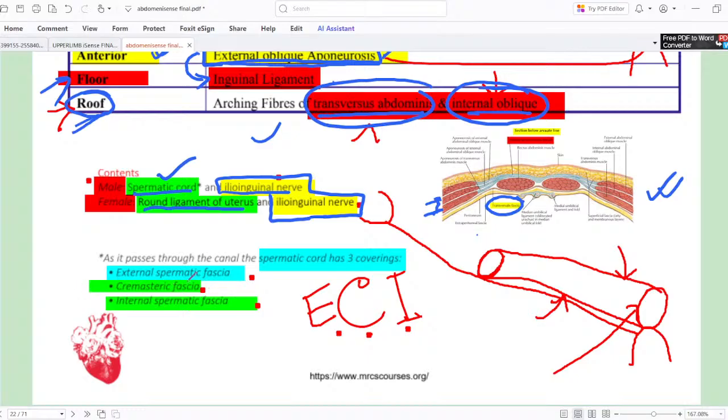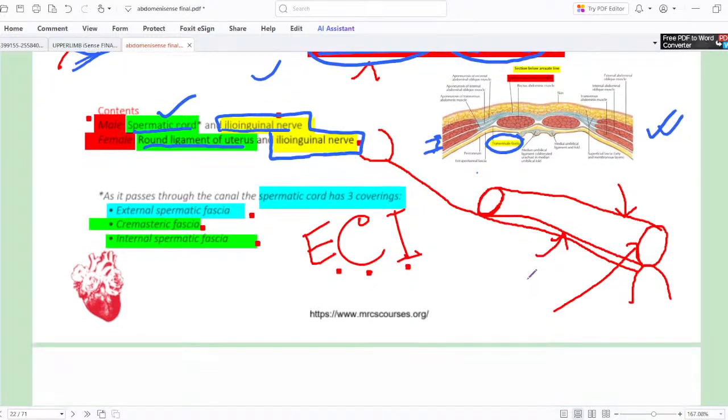As it passes through the canal, the spermatic cord has the coverings: external spermatic fascia, cremasteric fascia, and internal spermatic fascia. External spermatic fascia, internal spermatic fascia, and in between we have cremasteric fascia.